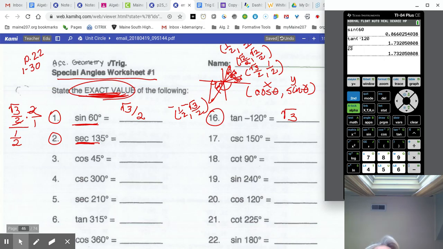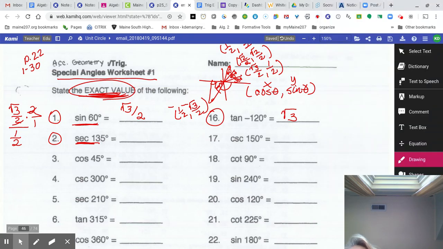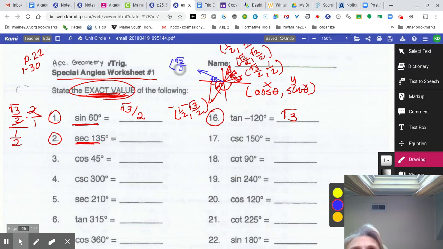And so if I'm at 135 degrees, I have to remember, and let me switch colors here. So if I switch colors and I do 135 degrees, there's my 90 plus 45 more. So what I'm looking at are the ordered pair that go with the 45, which is kind of nice because it's root 2 over 2 and root 2 over 2.